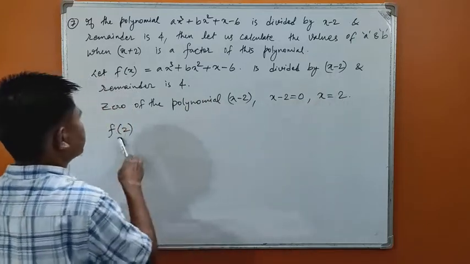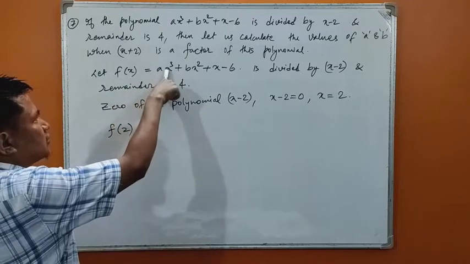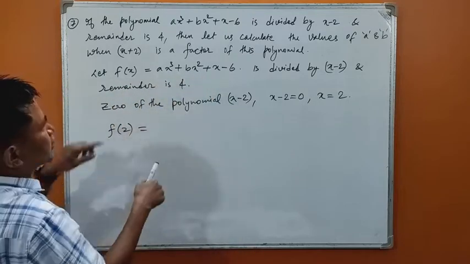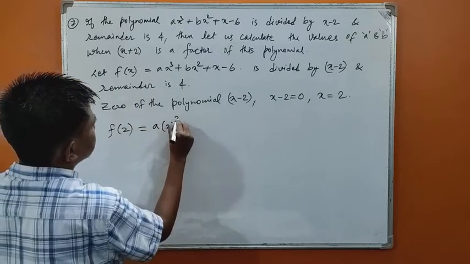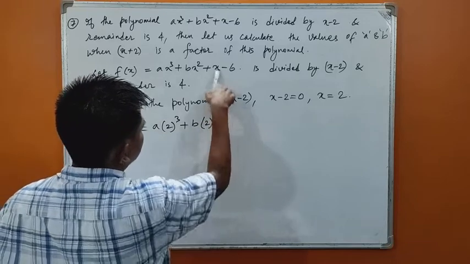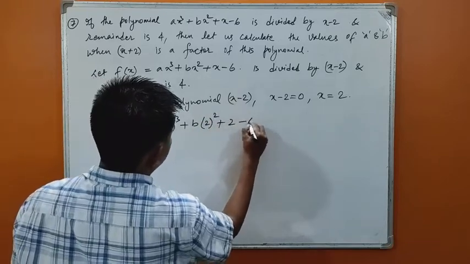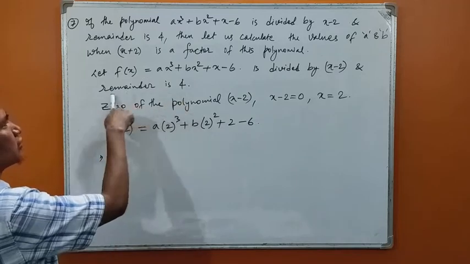Remainder equals to f(2), since f(x) is this, isn't it? So f(2) will be, instead of x we write 2. So a, x means 2 cubed, plus b, x means 2 squared, plus x means 2, minus 6. We have f(2) is 4, remainder is 4, isn't it?